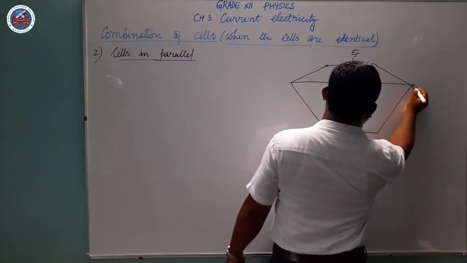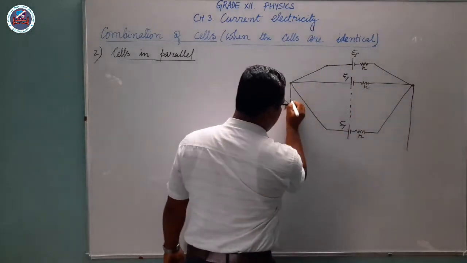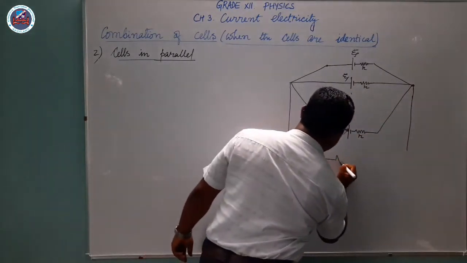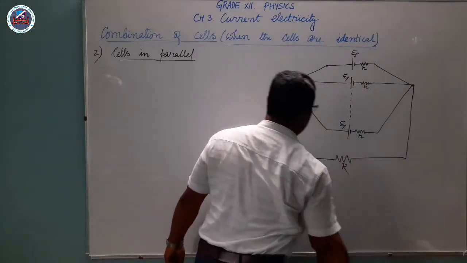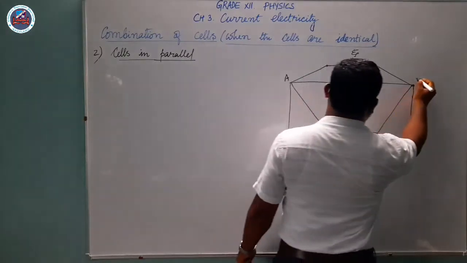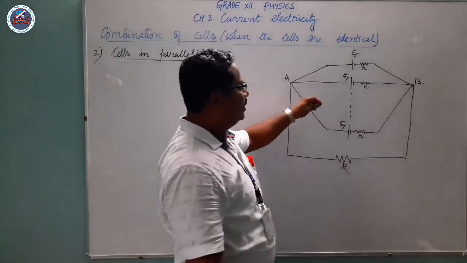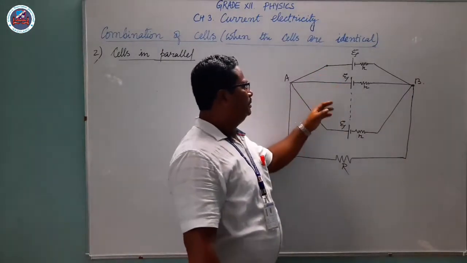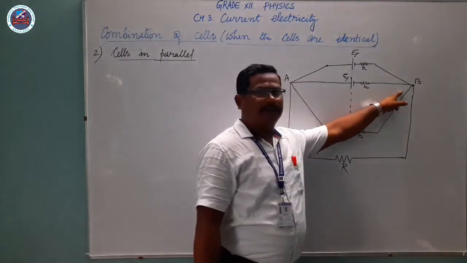And here also one external resistance, let us take it as R, capital R. In this case, suppose these two are connected at two fixed ends, A and B. We know that the potential across the cells will remain the same if they are in parallel connection.